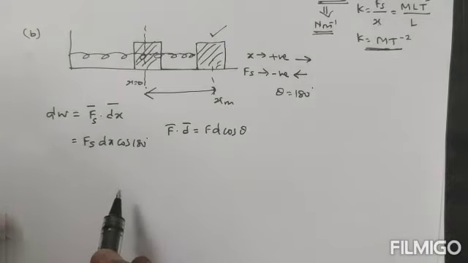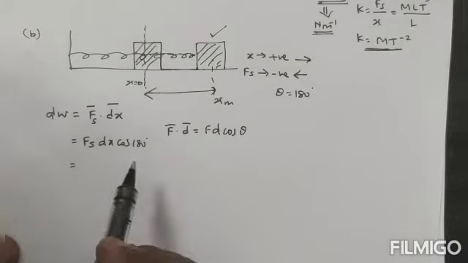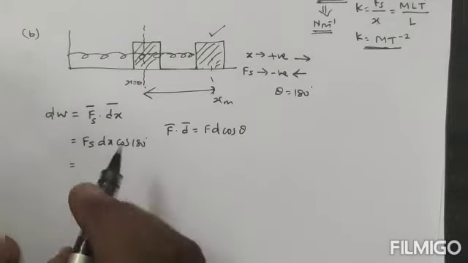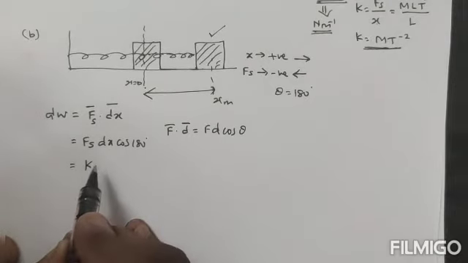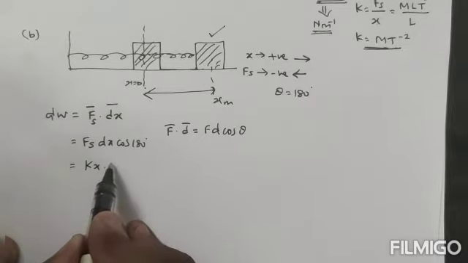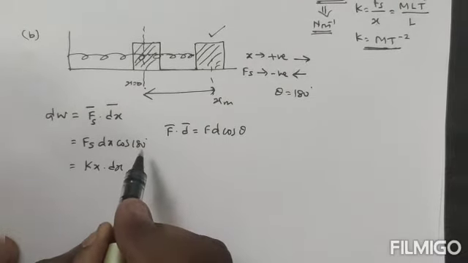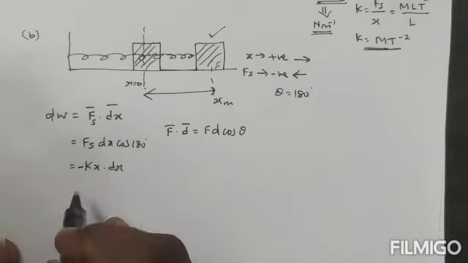Now cos 180 is minus 1. The force value is kx, times dx. Due to cos 180 only, we get the minus sign.